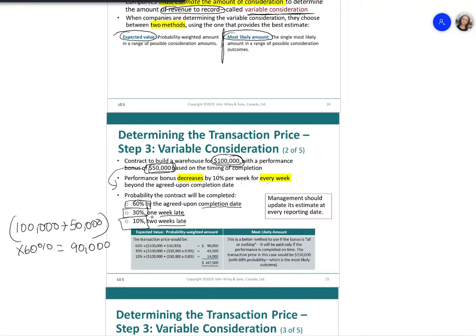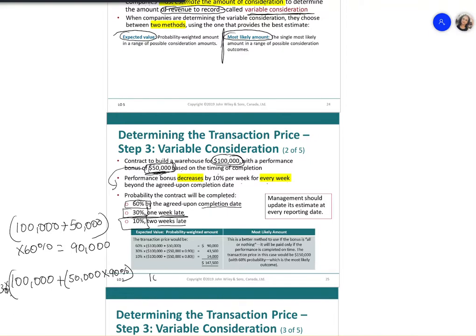If 30%, if we're 1 week late, so what happens is if you're 1 week late, the bonus that we're going to receive is going to be reduced. How much is it going to be reduced by? You're going to get 100,000 plus, and the chance of us being 1 week late is 30%. But we are going to reduce the bonus by 10%, and we're going to get 90%.